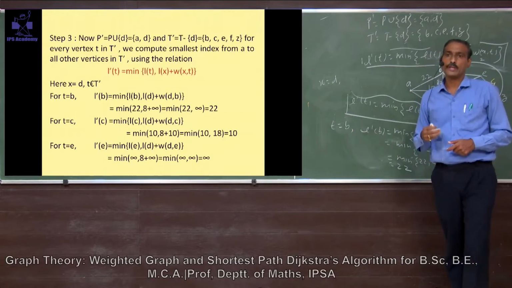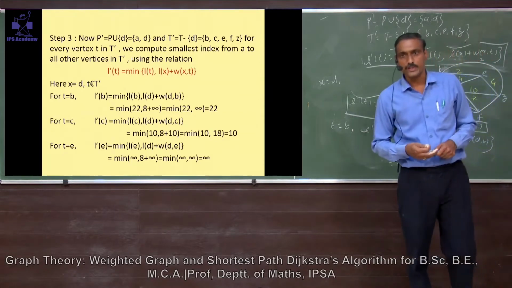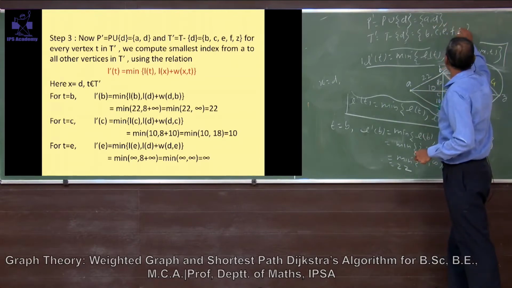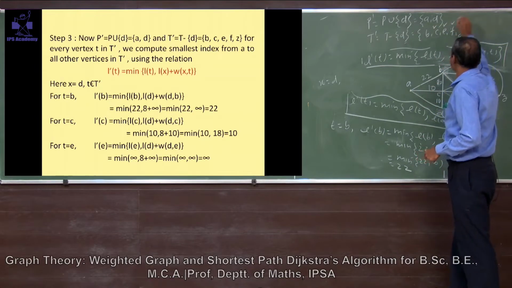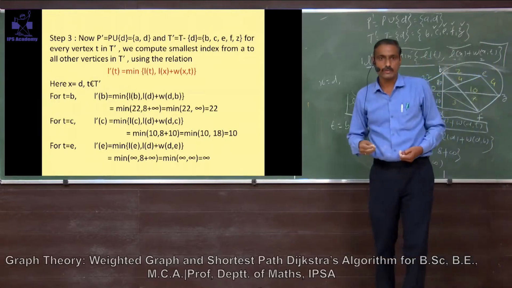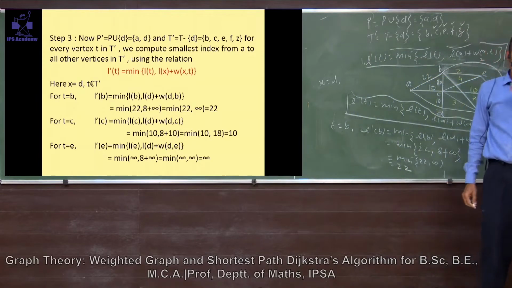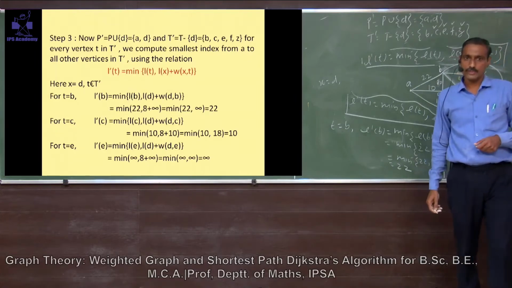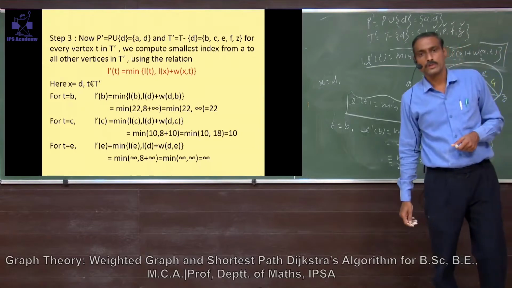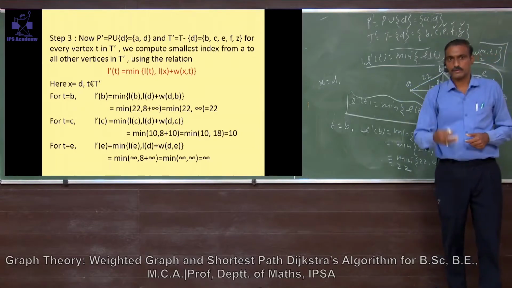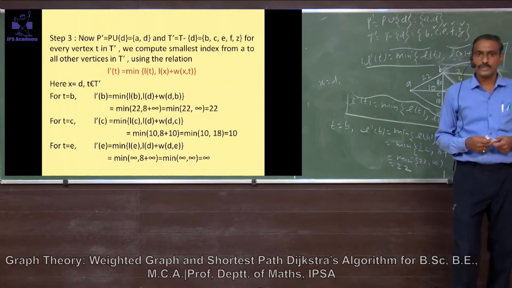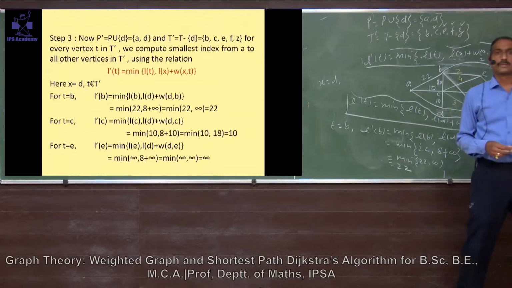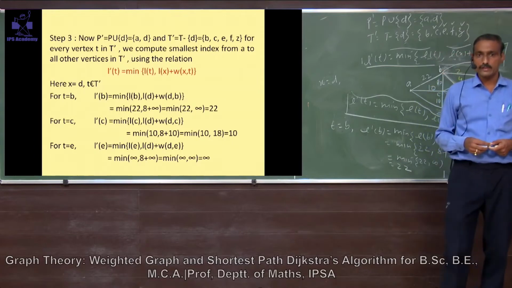Similarly, we have to find the index of all other vertices of T dash. That means we have to find for C, for E, for F, and for Z. Directly, we can find for C. So T equals C here. L dash T equals the minimum of L of C, comma L of D plus W of D, comma C. The L of C is 10 in the previous slide, and L of D is 8.